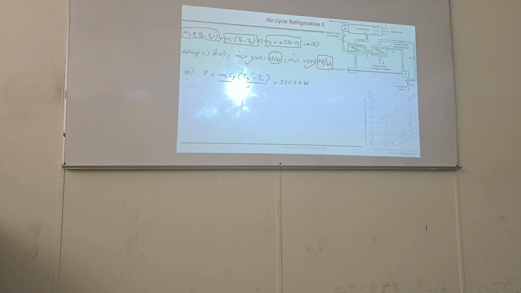Now that's what we needed to calculate, m dot 2. Next part is to calculate the power of the compressor. Here it is m dot 1, Cp of T3 dash minus T2, compressor.